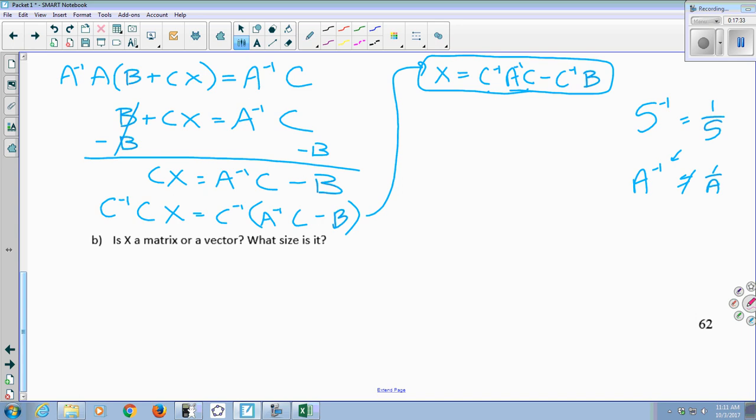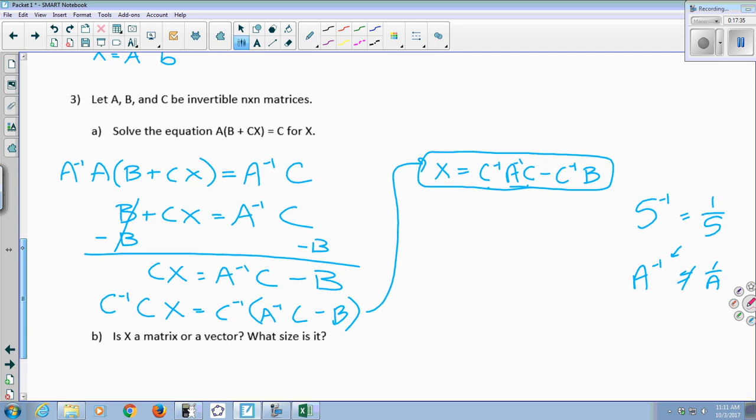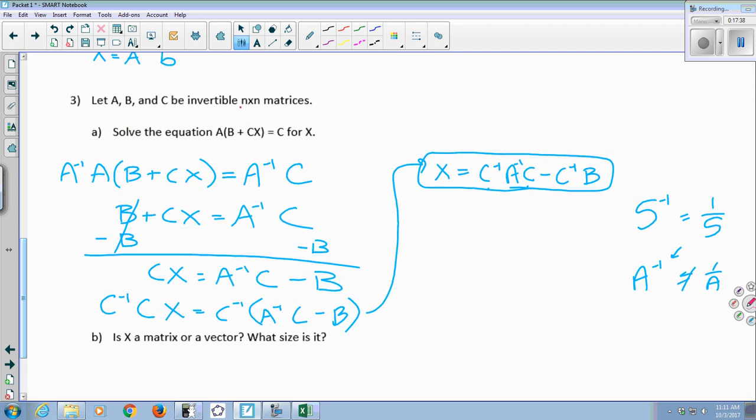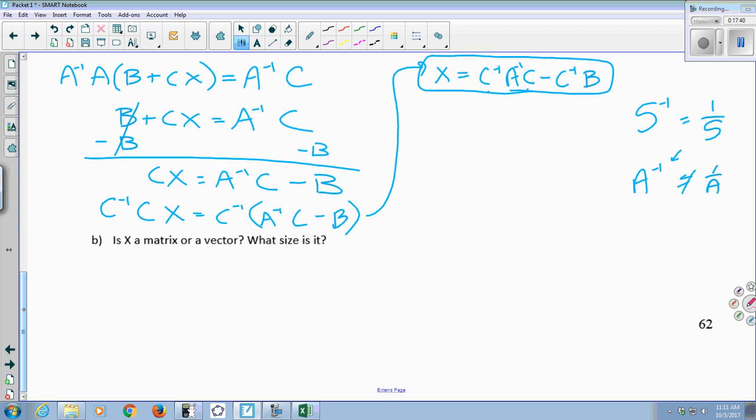That was given. They were square matrices that are n by n. So if you take the inverse of an n by n, it's an n by n. So this is an n by n times an n by n times an n by n minus an n by n times an n by n.